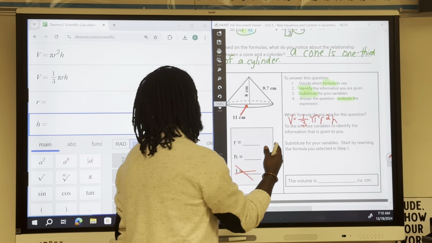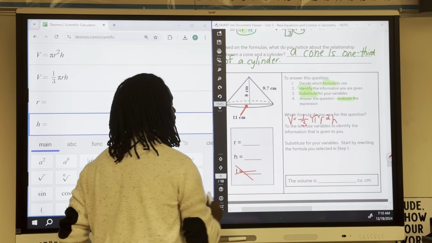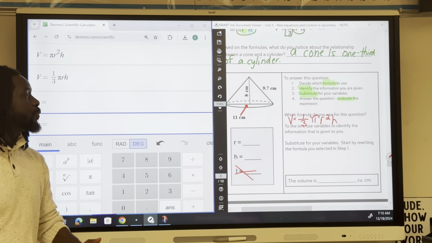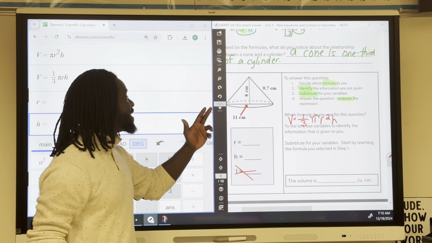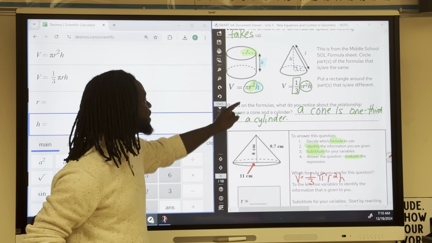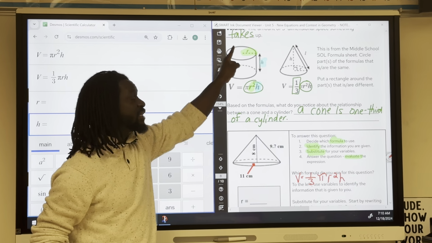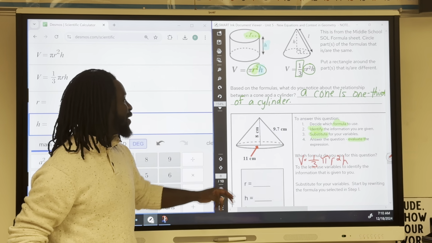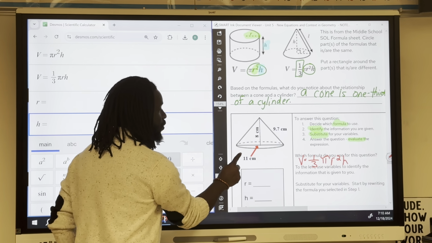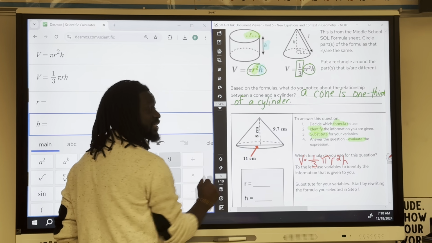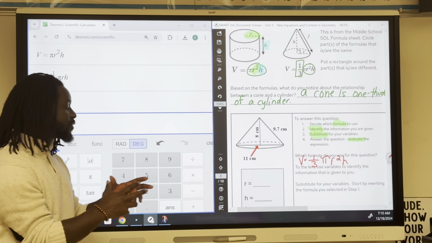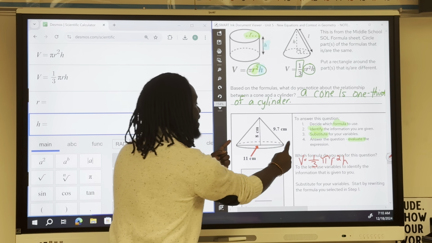So now I'm going to identify. Guys, this part is super important. We need the radius. As I pointed out, the radius goes from the outside of the circle to the middle. In this example, it goes from the outside all the way to the other side, through the middle. That is a diameter.